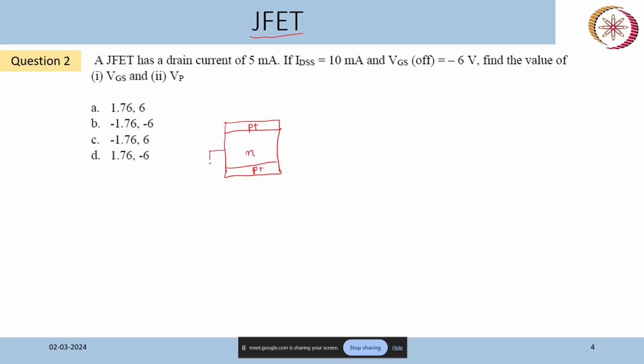This is the source terminal, which is grounded, and this is the drain terminal, and let's say some voltage, VDS, is applied here. This is the gate terminal, this P plus region.